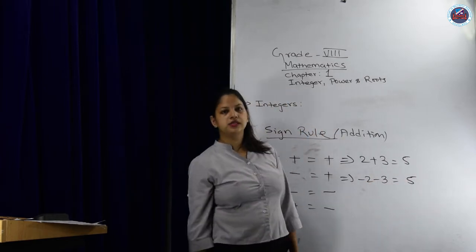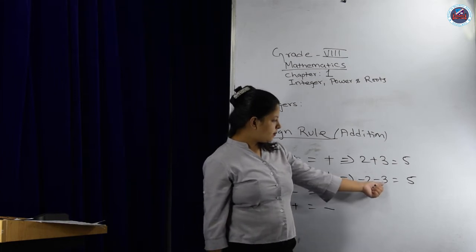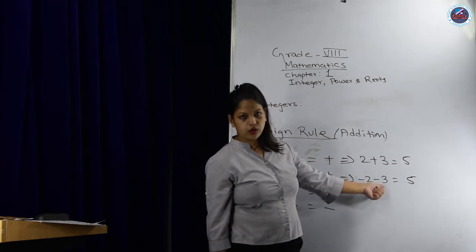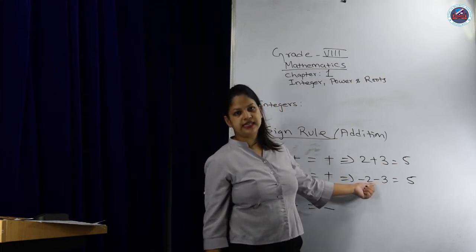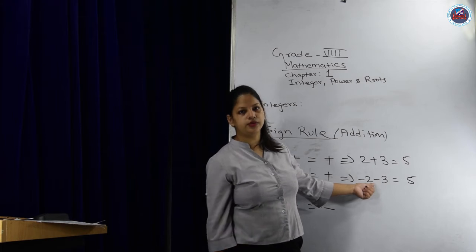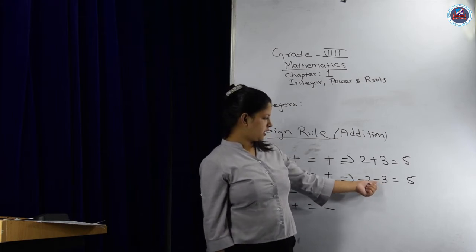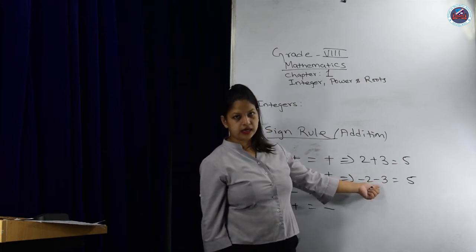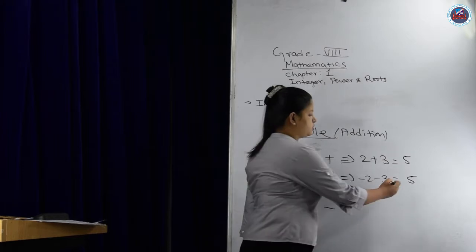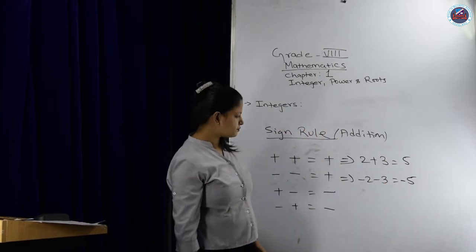But you always have to check the sign. The number which is largest among the two, whatever sign it contains, that sign you have to put in the end. Here 3 has a negative sign and it's the largest out of 2 and 3, so it has to be minus here.